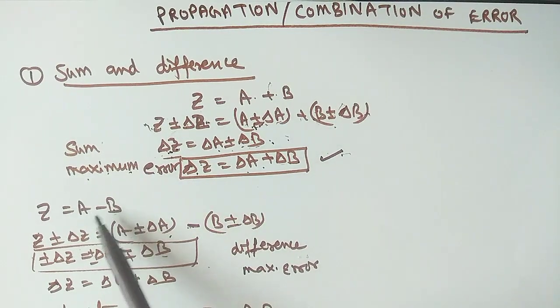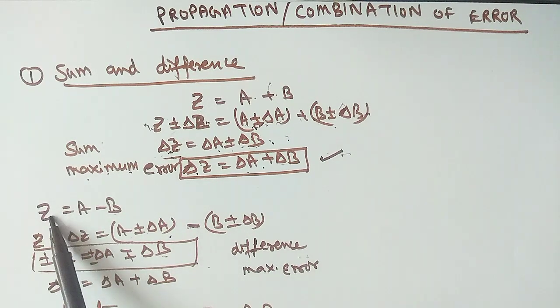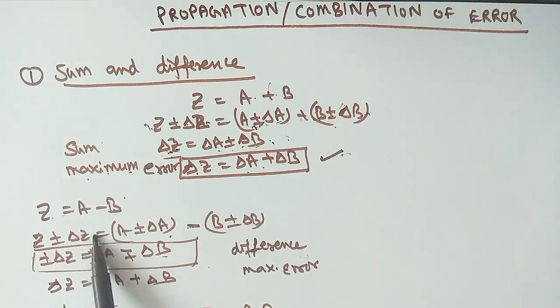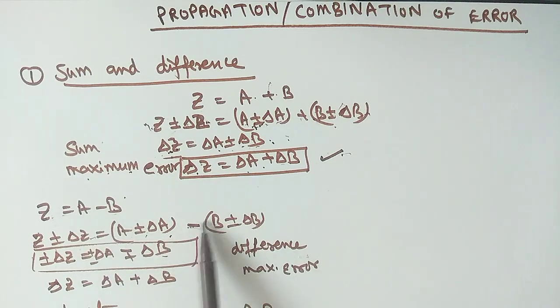Now the same thing you can take in the difference also. Take Z is equal to A minus B. In the same way, Z plus minus delta Z is equal to A plus minus delta A minus B plus minus delta B, where delta A and delta B are the possible errors in the A and B measurements.